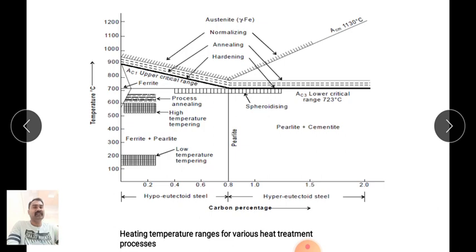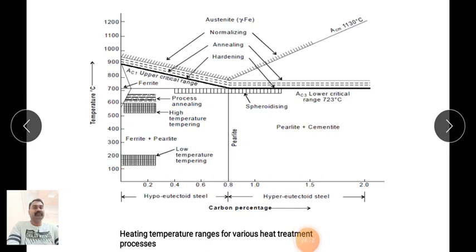After completion of that period, we cool that specimen to room temperature by using a different medium. That medium may be water, oil, molten salt bath, or air. Depending upon the desired properties of the component, we use a particular cooling medium.